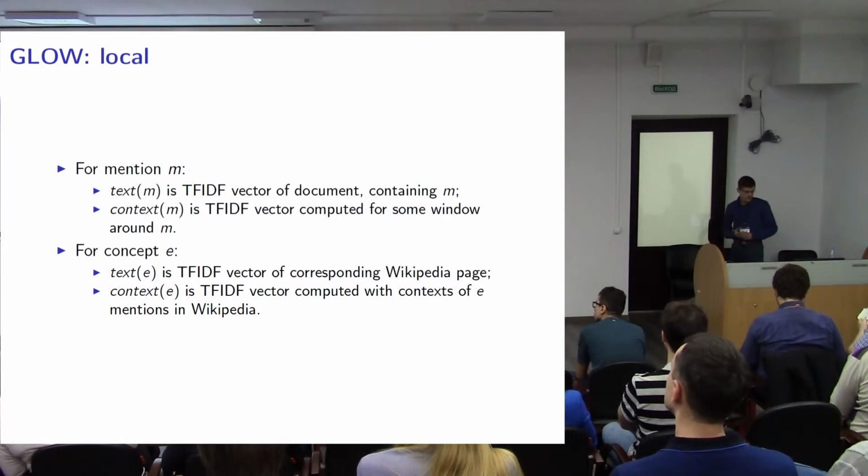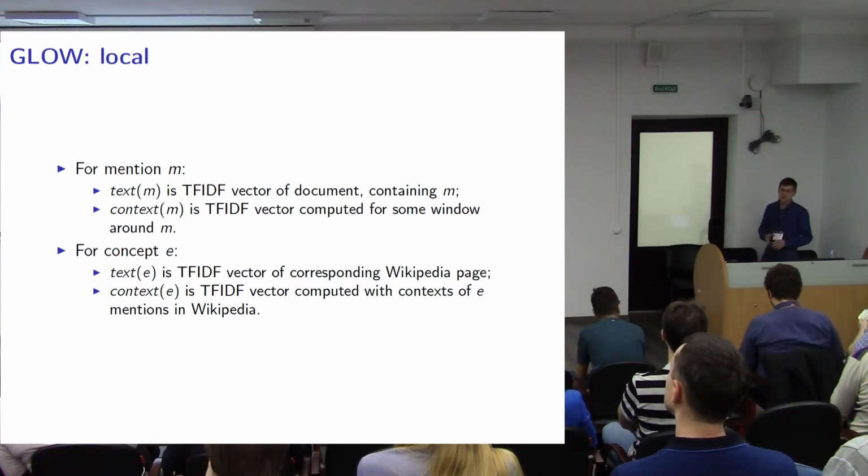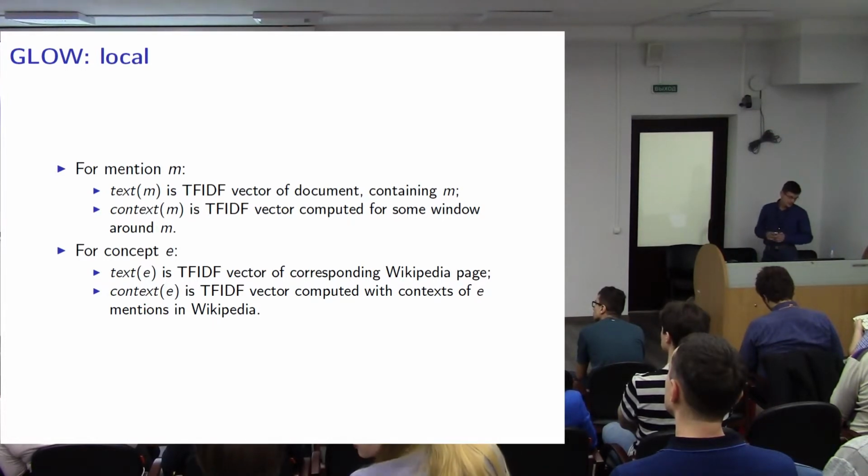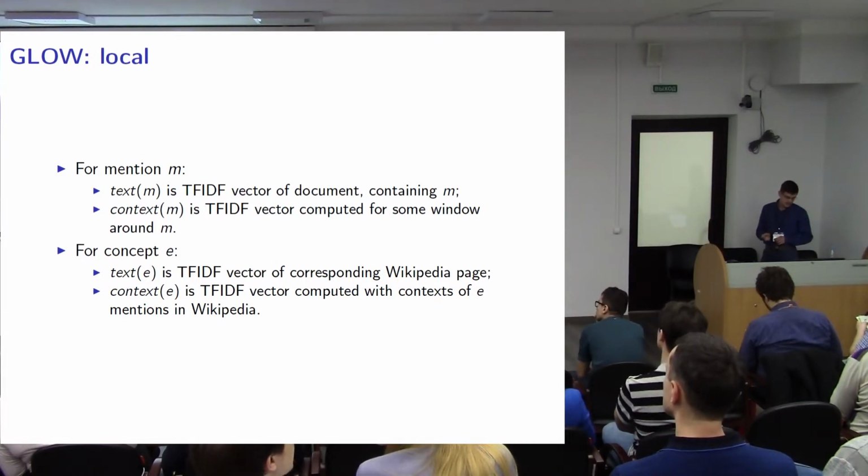Okay, for each mention, we can take the whole document where this mention appeared and convert it into a TF-IDF vector. That's quite easy. Context for M is a bit different thing. We can look at the mention and select some words around it.